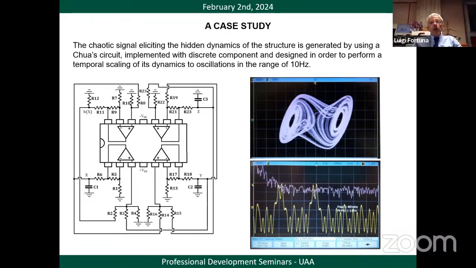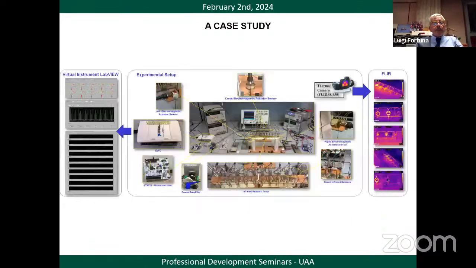But by using this type of signals, chaotic signals, we have some parameters inside the circuits to control it. And therefore, our actuators are stimulated by a chaotic circuit.